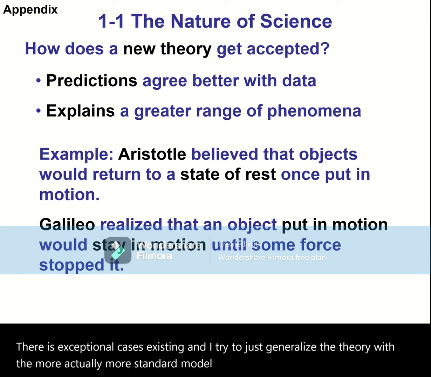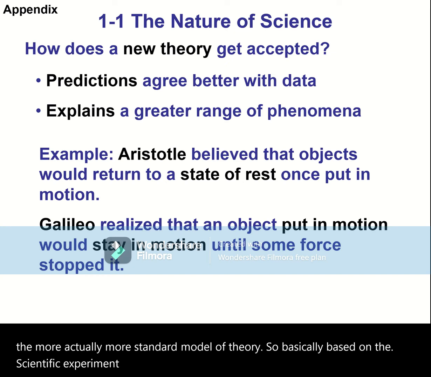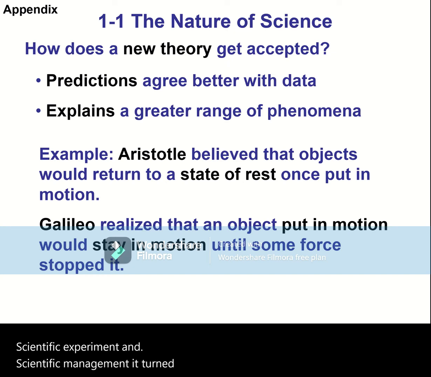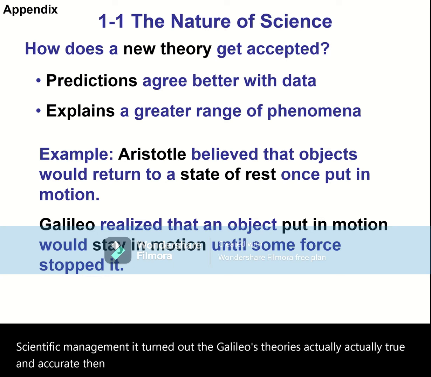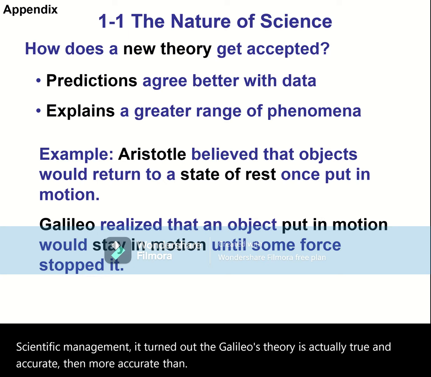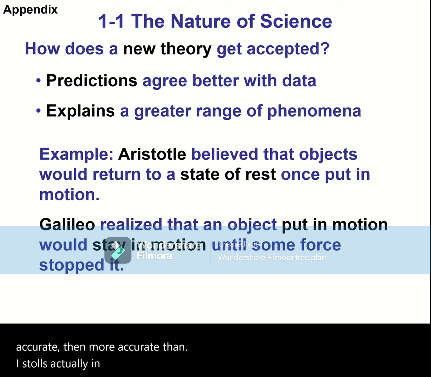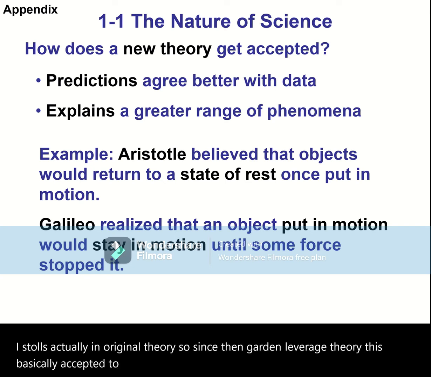Based on scientific experiment and measurement, it turned out Galileo's theory was more accurate than Aristotle's original theory. So since then, Galileo's theory has been accepted by people.